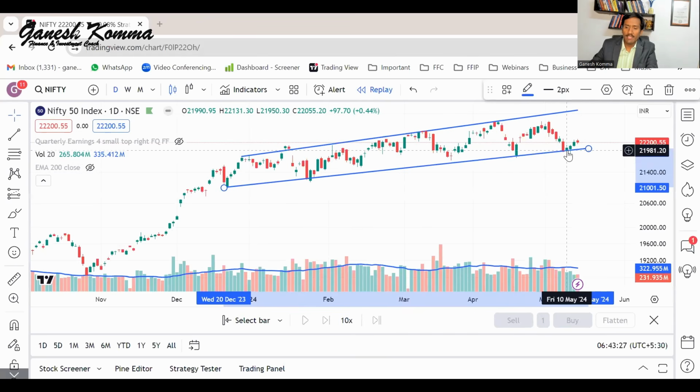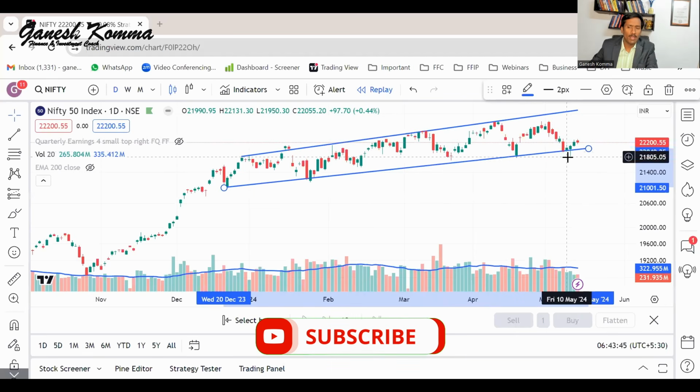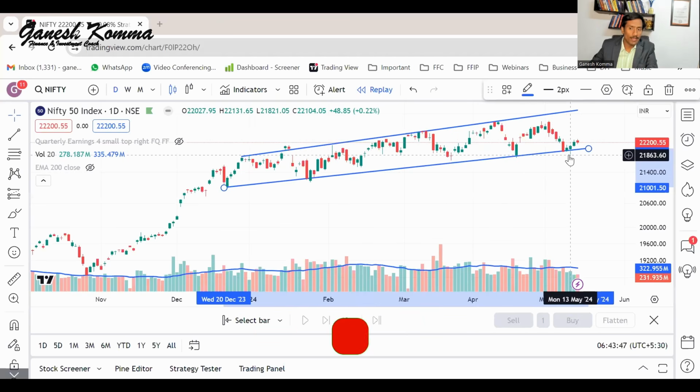And at these levels of 21,981, if the stock or the sector, whatever you are analyzing, goes below it, breaking down the trend line or breaking below the channel, it can become a little weak.